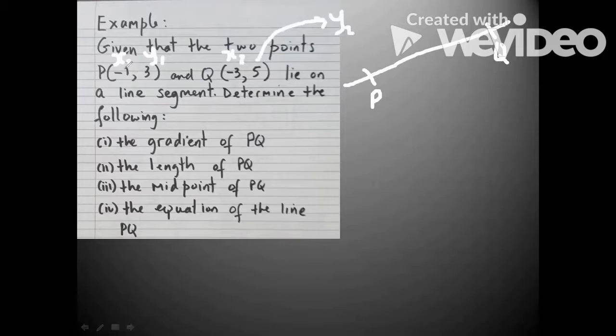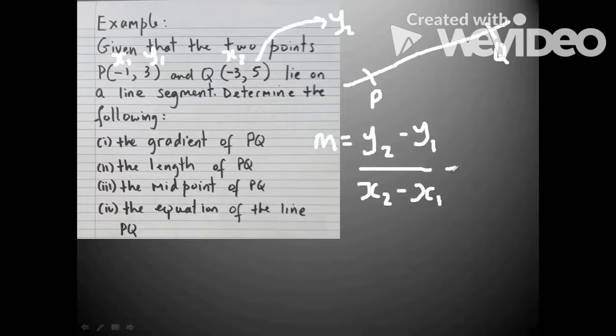Sometimes we get mixed up labeling these values here. A common error is to mix up the x and the y and the y and the x. Sometimes some person put x1, x2. All right. So we're going to use the gradient formula, which is m equals y2 subtract y1 all over x2 subtract x1.